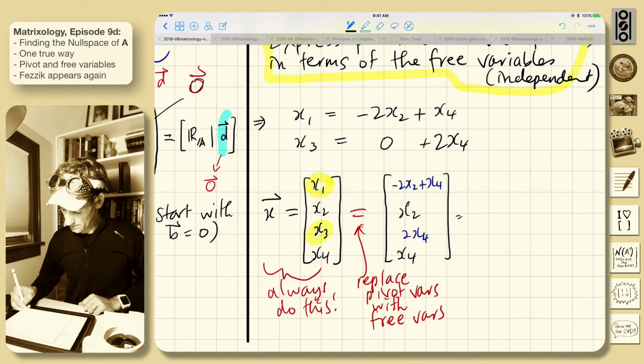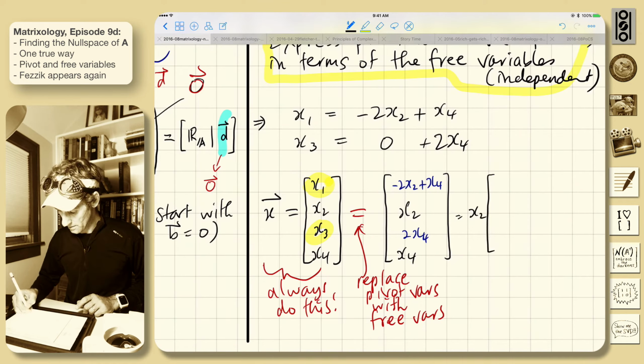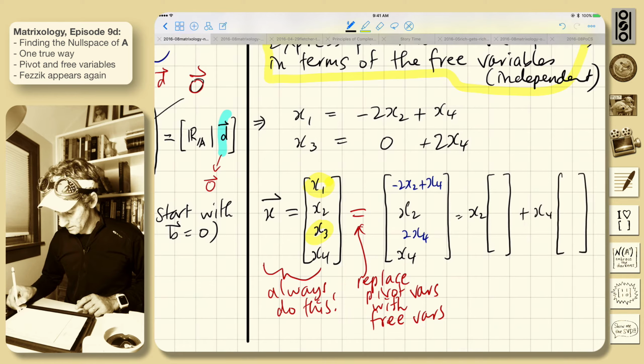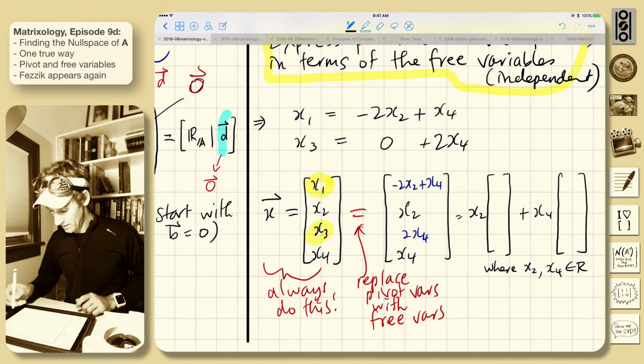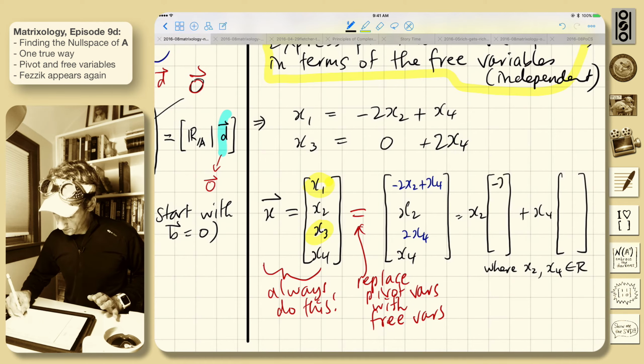So this is now something times x2 plus something times x4. Right, you can always write that structure out where the x2 and the x4 are elements of the real numbers. So the x2, minus 2, 1, 0, 0.